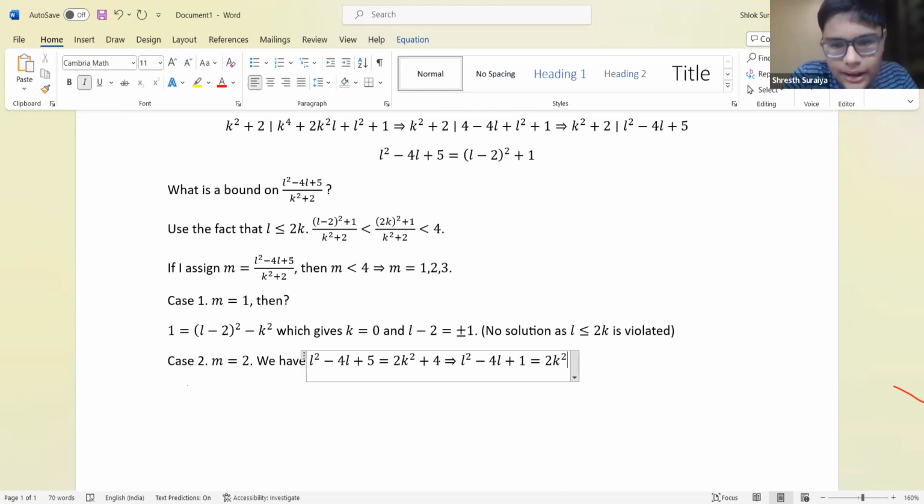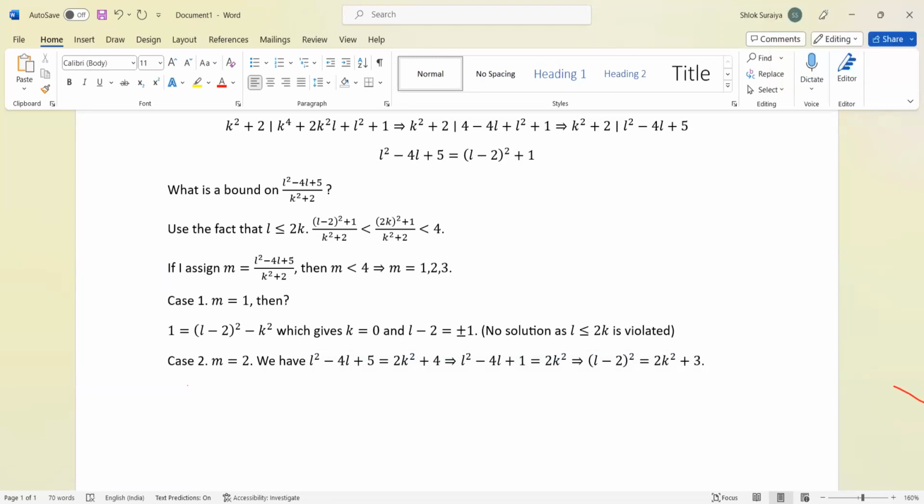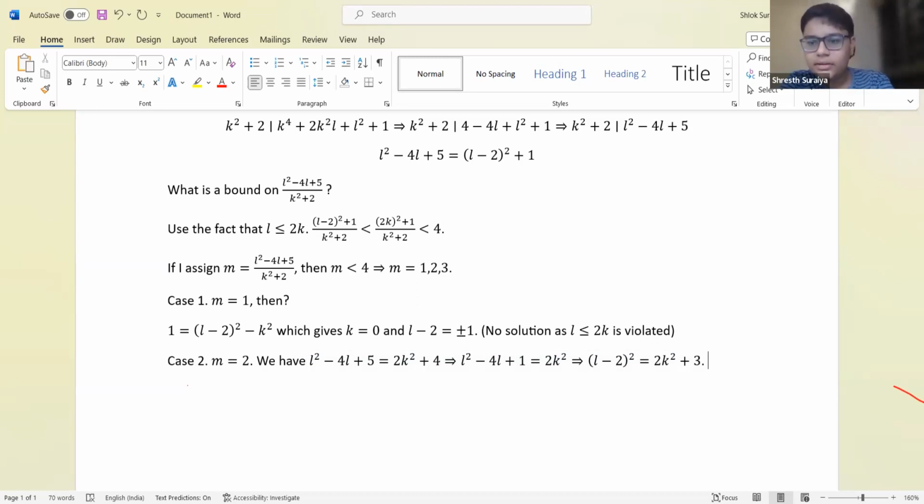You can write this as (l minus 2) whole squared equals 2k squared plus 3. What do you know about the square of an odd number? What is special?